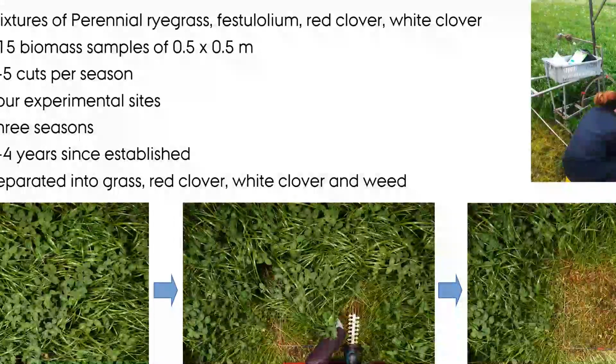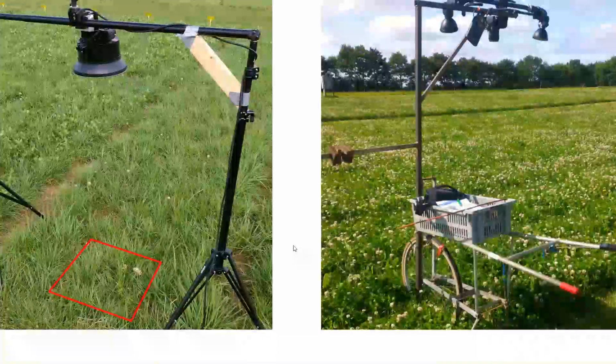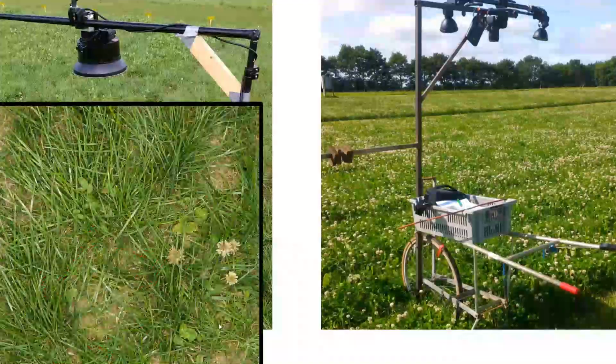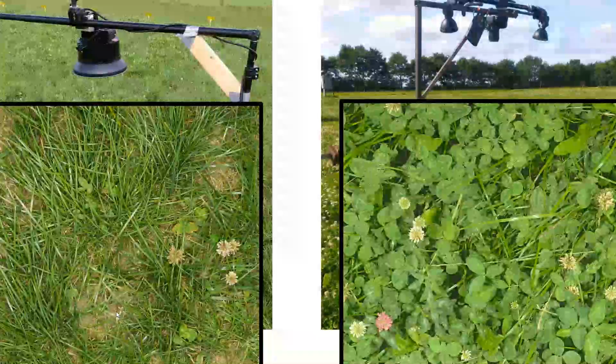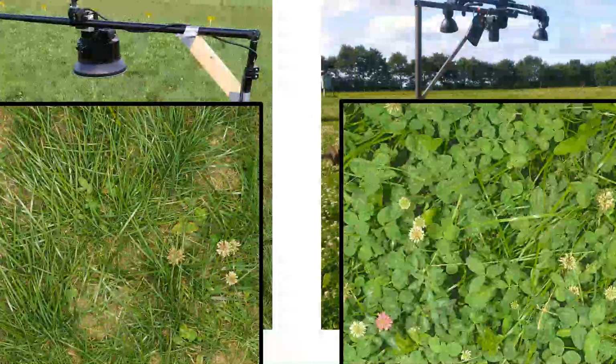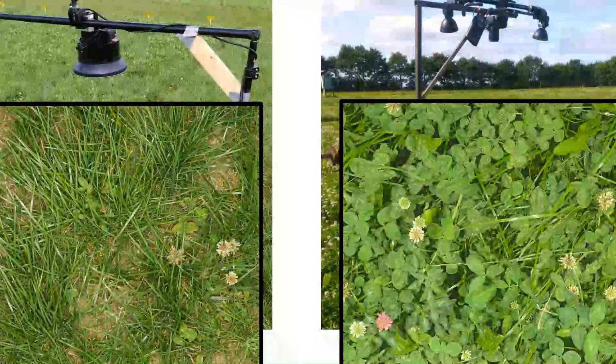It also includes multiple grass species and multiple clover species, so it should represent at least a lot of forage mixed crops in Northern Europe. Looking at some data samples, we can see 2 images here. It's pretty high resolution, about 5 pixels per millimeter, so you can actually see the tiny hair on the red clover.